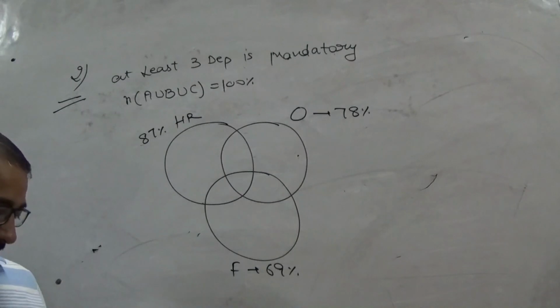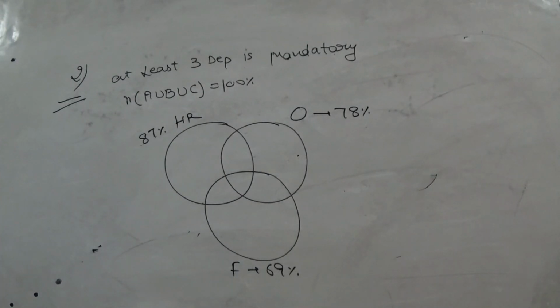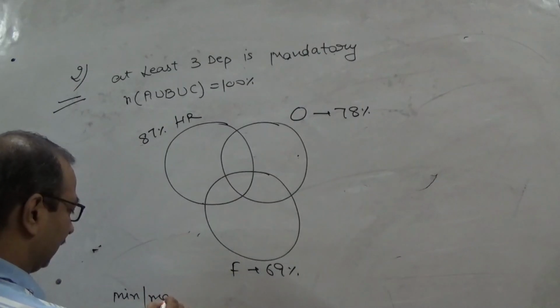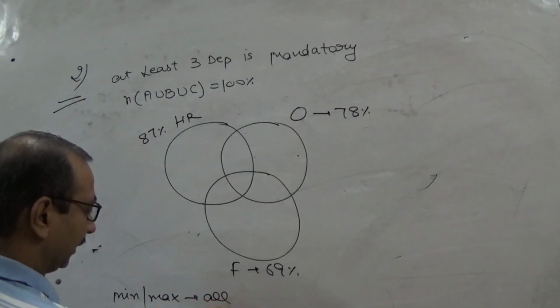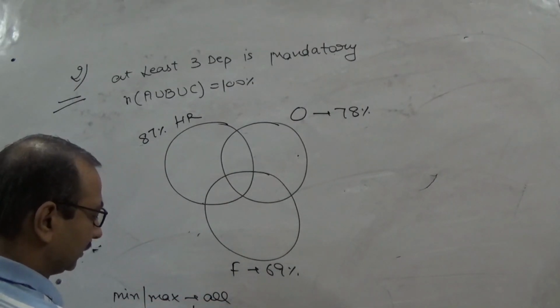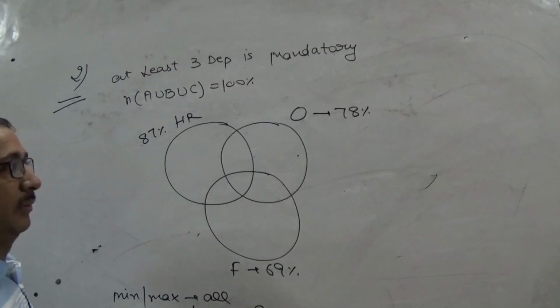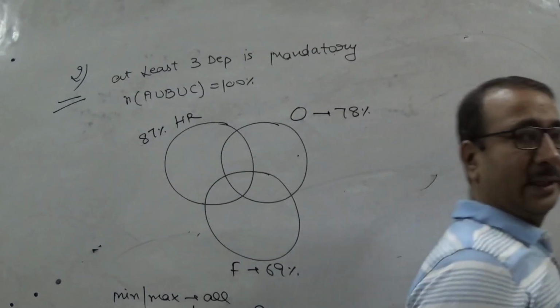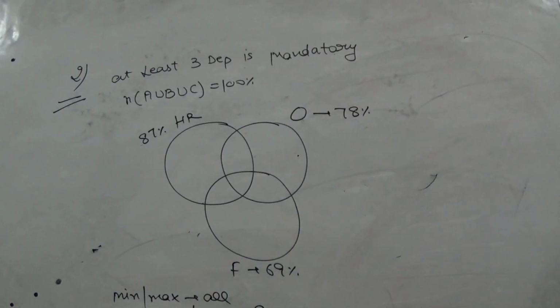Now using that we have to find out the minimum or maximum percentage of the people working in all three departments. This value we have to find out, right?